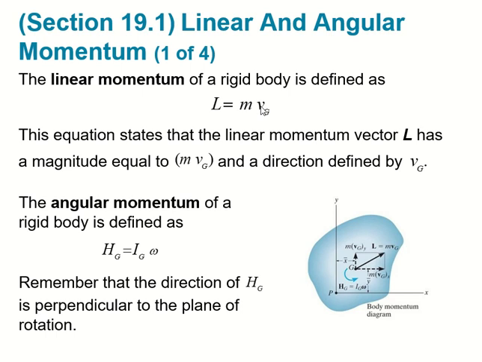Momentum is a vector because velocity is a vector, so it has a particular direction. For angular momentum, we use our angular velocity, which is little omega right there, and your mass moment of inertia. The same thing: mass and velocity, mass moment of inertia and angular velocity. L for linear, and H for angular momentum. You can write whatever you want, as long as you put a legend with it. That's all right.